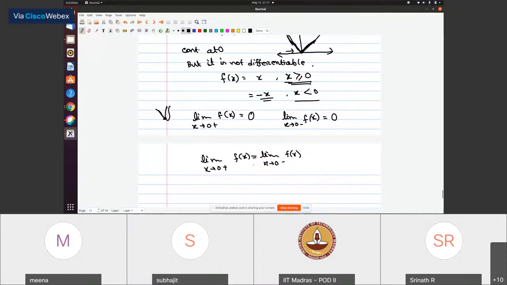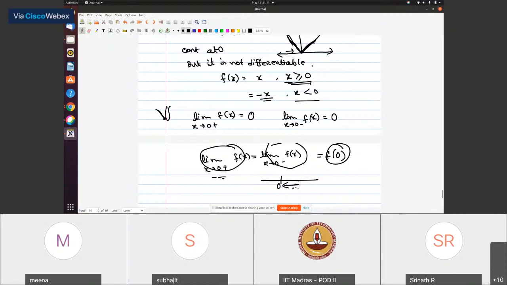x tending to 0 does not mean x is taking the value 0. These three notions are different. x tending to 0 means we are approaching 0. We are approaching 0 from the positive side. That does not guarantee that x is taking the value 0.